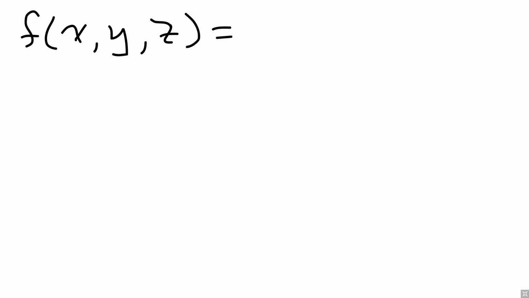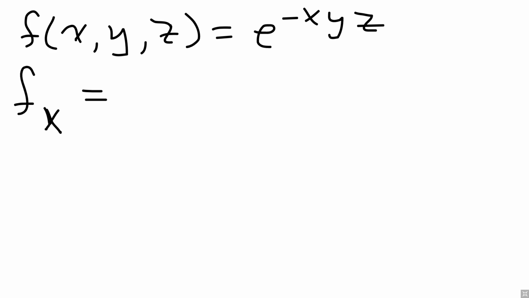Let's look at our next example. We've got f of x, y, z equal to e to the negative xyz. If we take the partial of f with respect to x, what will we end up with?